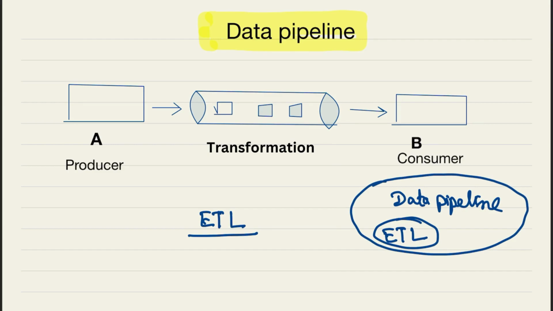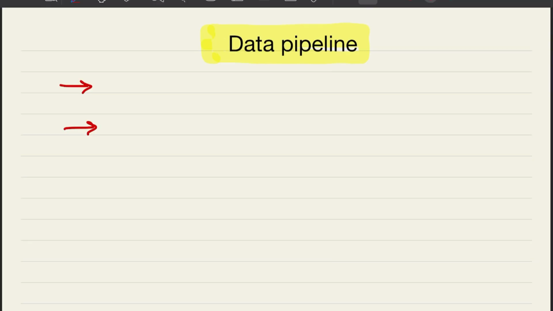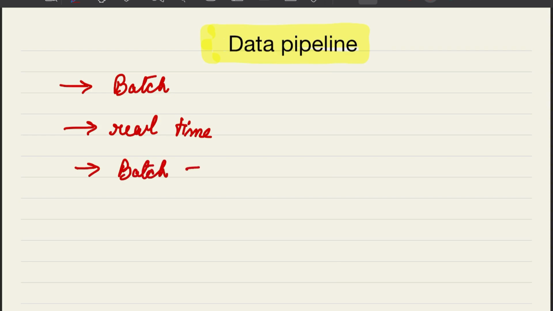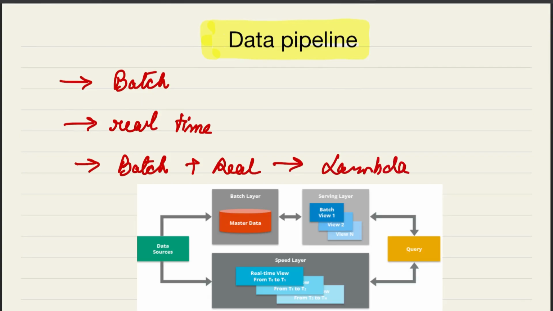Depending on what the source of your data is, how we are going to process the data, and what the destination is, the data pipeline can be divided into batch processing, real-time processing, and the combination of both, which is called the Lambda architecture.